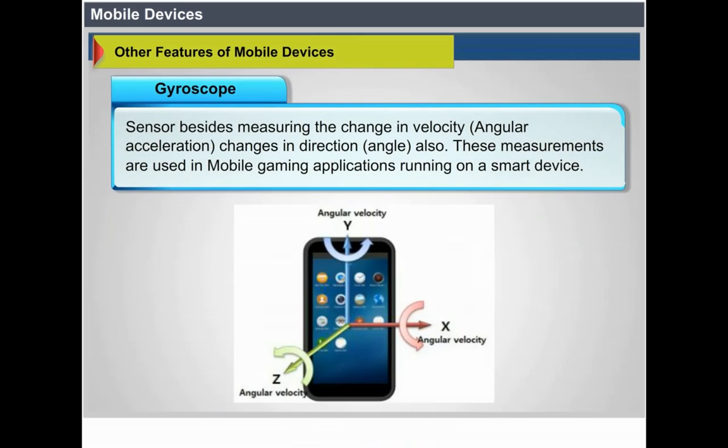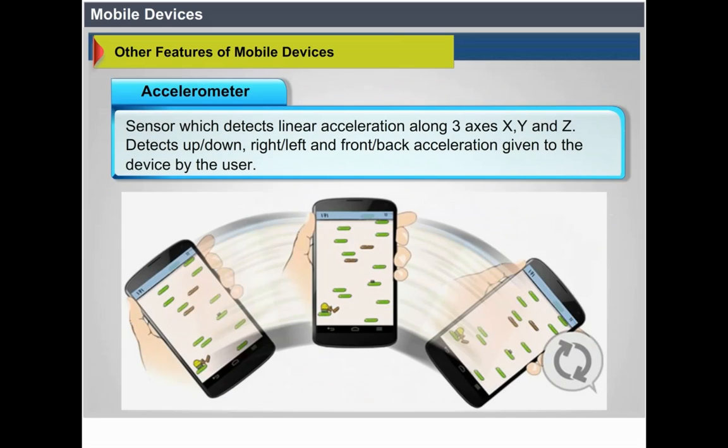Gyroscope. A sensor which measures the change in velocity, angular acceleration as well as change in direction, angle. These measurements are used in mobile gaming applications running on a smart device. Accelerometer. A sensor which detects linear acceleration along three axes X, Y and Z. It detects up and down, right and left and front and back acceleration given to the device by the user.